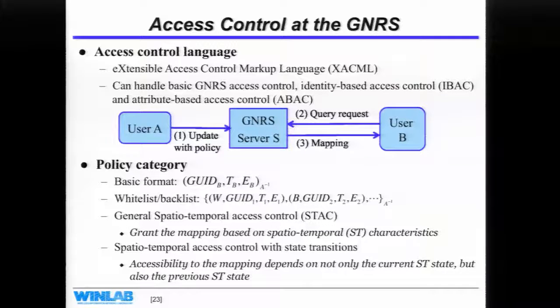Here, the mapping is granted based on not only the current location and the time characteristics of the query, but also its previous time and location features. Due to the time limitation, I won't go through the details, but again, you can look at my thesis for the details.